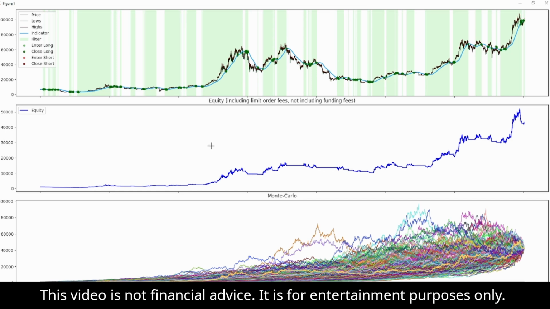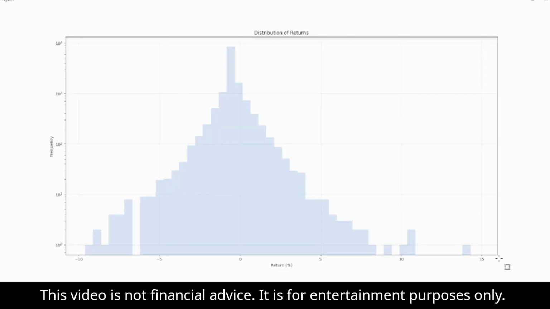So now let's take a look at the returns and the Sharpe ratios of such a backtest. So here you can see the distribution of returns. Essentially they are centered around 0%, but in fact it's hard to see for such strategies, but a very small amount of trades make the whole performance.